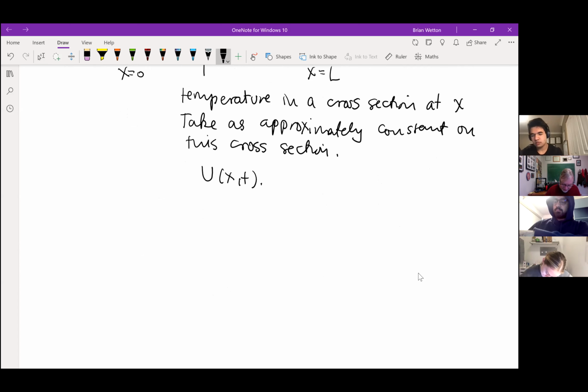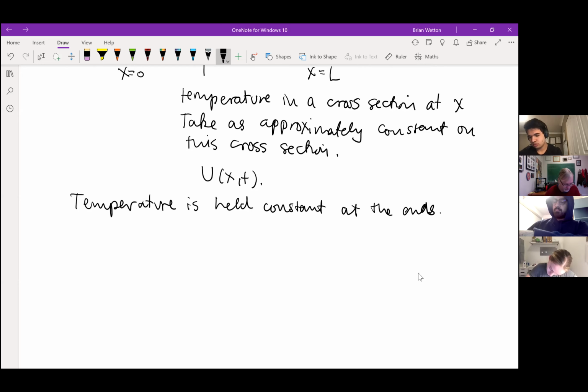So I'm going to say the temperature is held constant at the ends. So I can look at U at x equals 0 for all time. Now in the notes, it adds a non-zero temperature, but we know how to handle that.